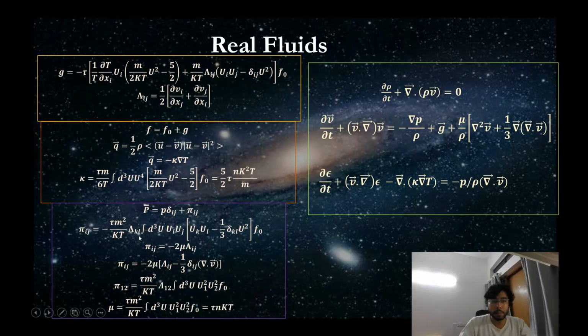So if you remember, the pressure definition was basically the average of (u_i - v_i) times (u_j - v_j), right? So this will have two powers of u. If we have two powers of u, then let's have a look at the expression of g again.